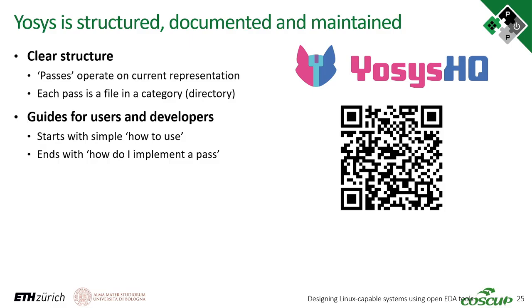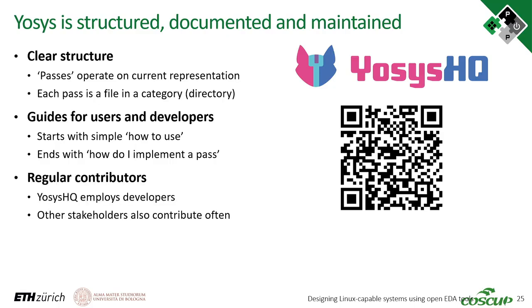It has a lot of guides, both for users and also for developers, to show them how they can design their own flows or how they can write their own passes if they want to. And it has quite a few regular contributors from the company managing Yosys itself, YosysHQ, and also other stakeholders, people that actually use the tools, have developers that work exclusively on Yosys.